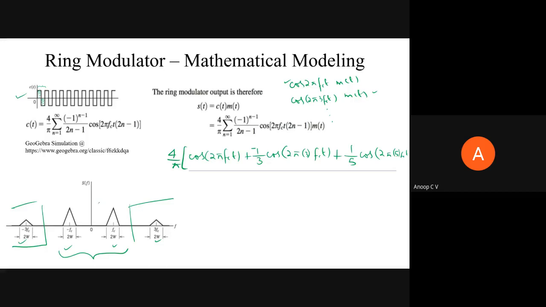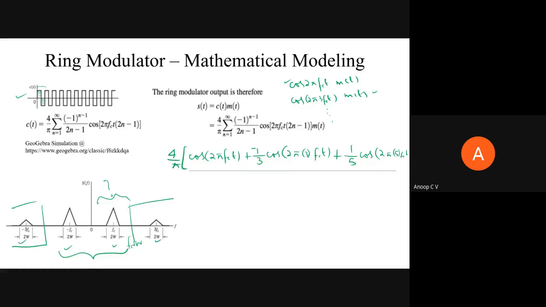If you pass it through a low pass filter, which will allow a maximum frequency fc plus w, we can isolate this, right? Yes or no? Can we obtain only this part if I pass S of t through a low pass filter?